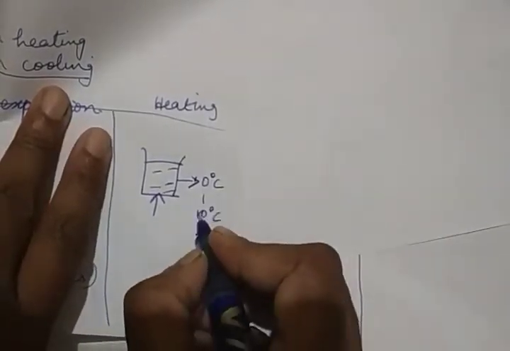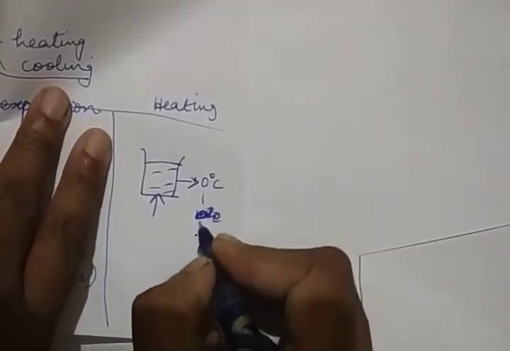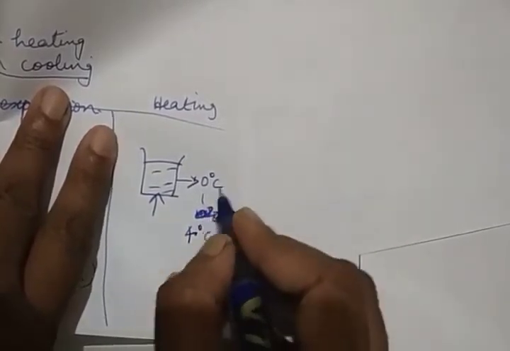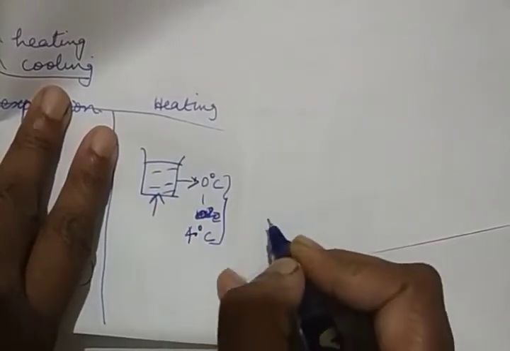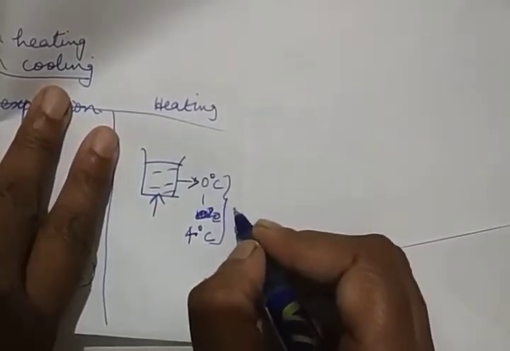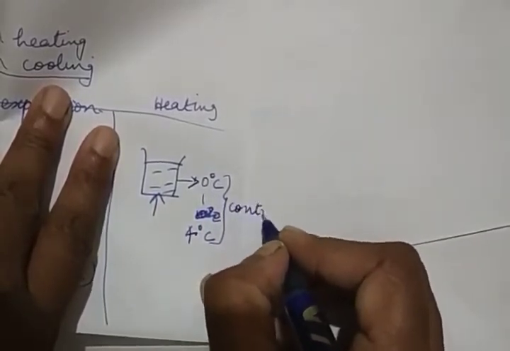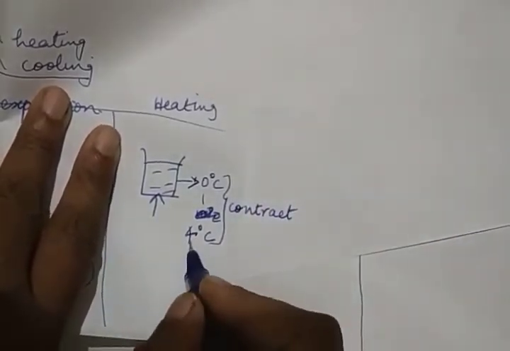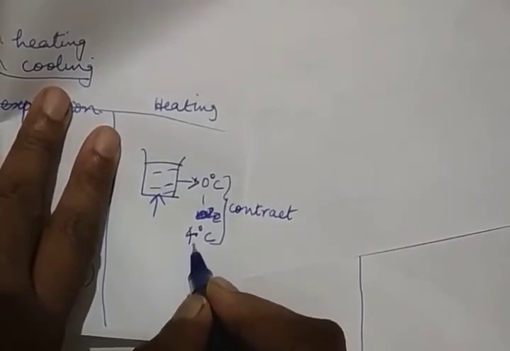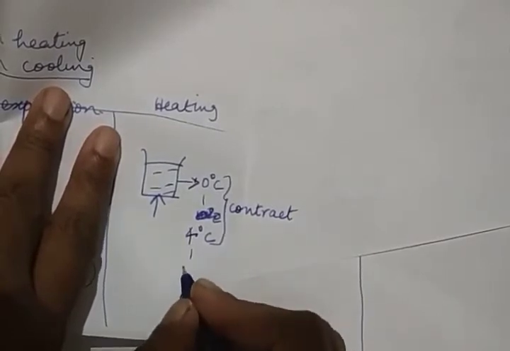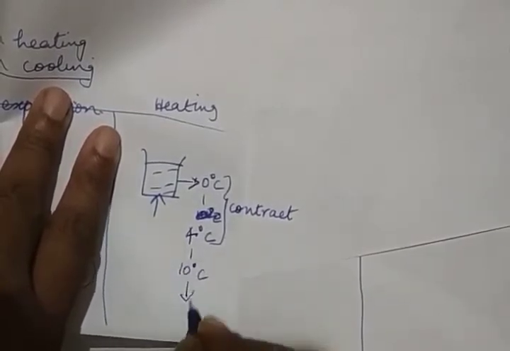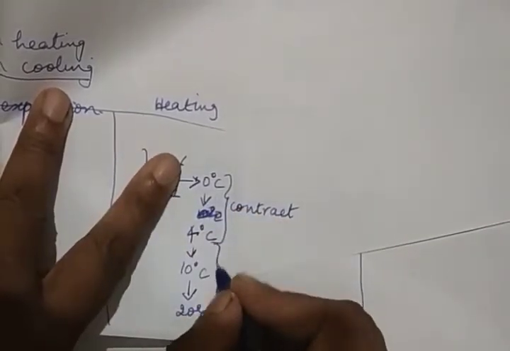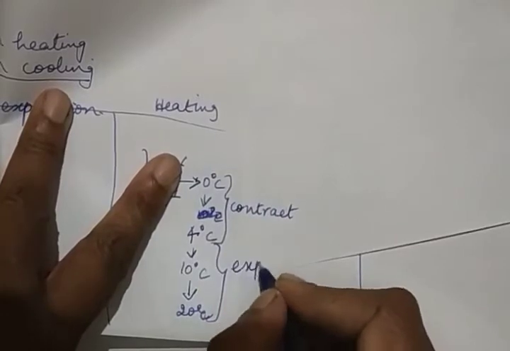Now what will happen between 0 and 4? It should expand, but it will contract. Water will contract. Then after 4 you keep heating. After 4 it will undergo expansion till 20 or whatever temperature you're heating.